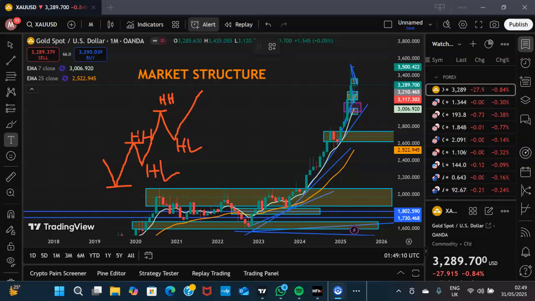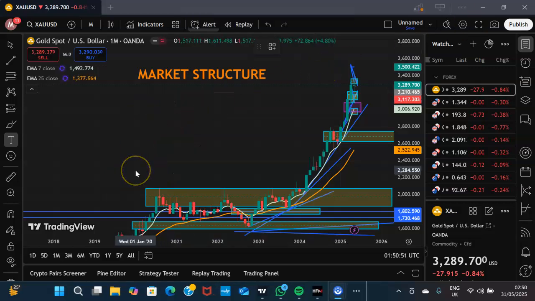Now, on the other hand, we have a downtrend. How do we identify the downtrend? For uptrends, we said we have higher highs and higher lows. For downtrends, what we have is price moving to a low and then a new low, which happens to be lower than the last swing point, and then a lower high, a lower low, a lower high, a lower low, and so on and so forth.